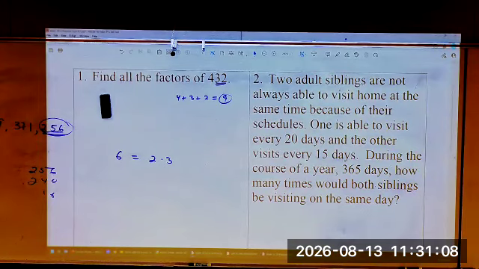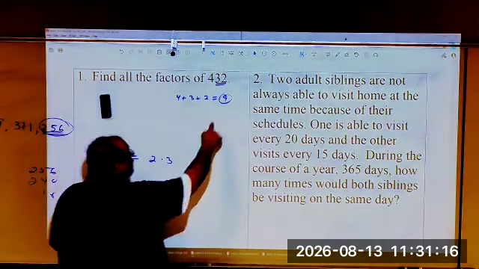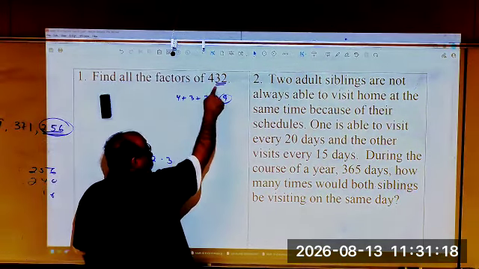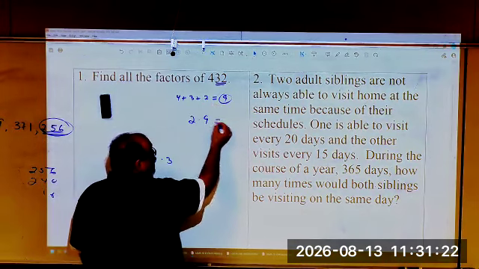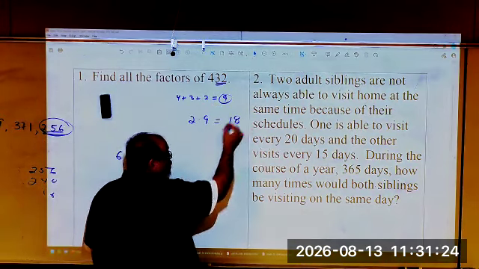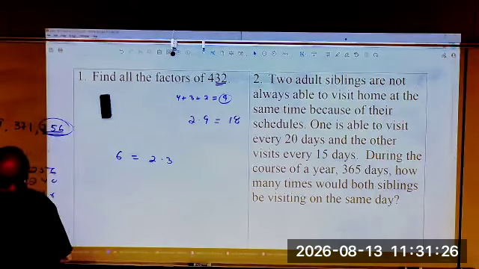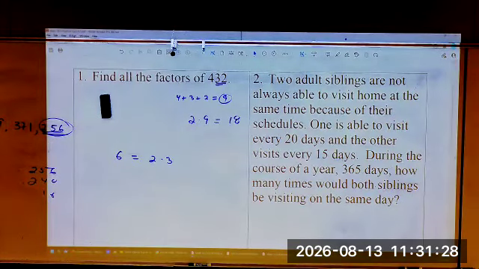Now, you can also mix and match a few things. 9 goes into this, and it's even. So that means 2 works and 9 works. I can divide this by 18. 18 is going to work.